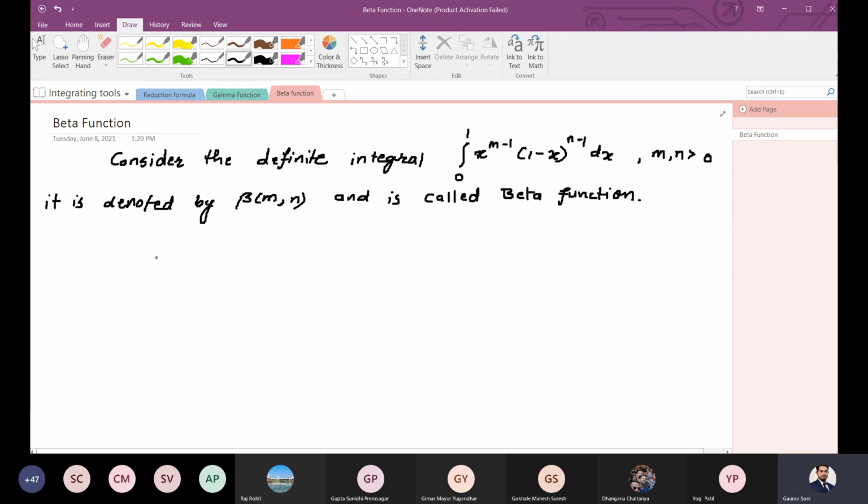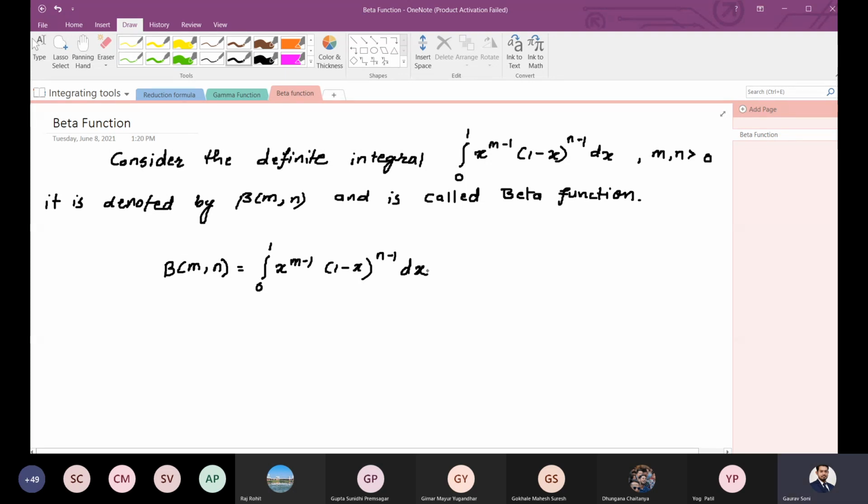So the definition of the beta function is like this. Whenever I write down beta of m comma n, this has to be equal to the integration 0 to 1 x raised to m minus 1, 1 minus x raised to n minus 1 dx.